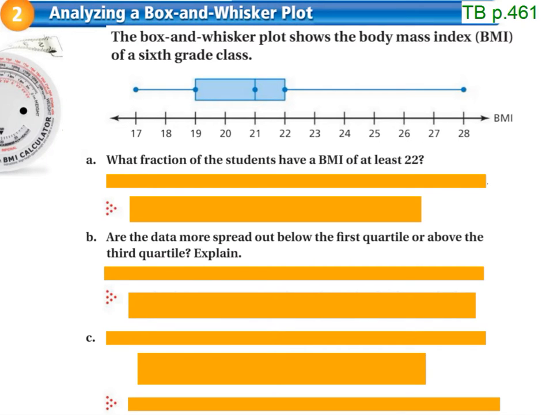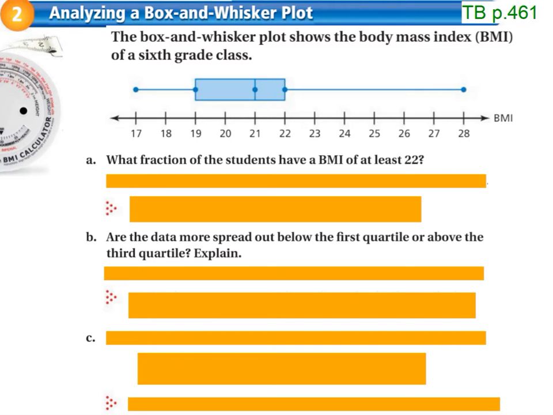Now let's talk a moment about how a box and whisker can be valuable, what sort of information it can give you. So the box and whisker below shows the body mass index, or BMI, of a 6th grade class. Question A asks, what fraction of the students have a BMI of at least 22? Now, please remember, we talked about the box and whisker dividing our data up into 4 sections.